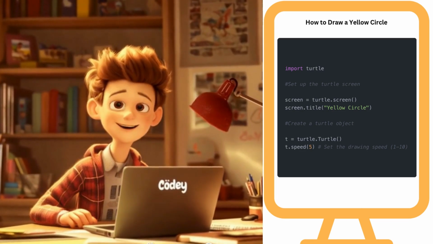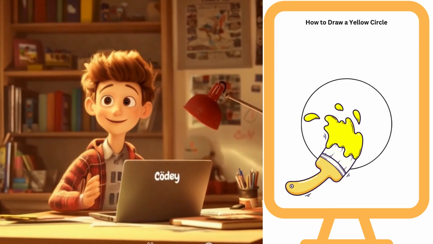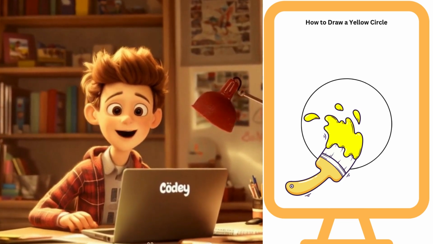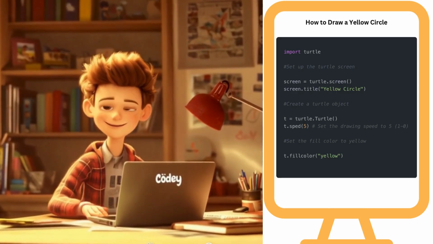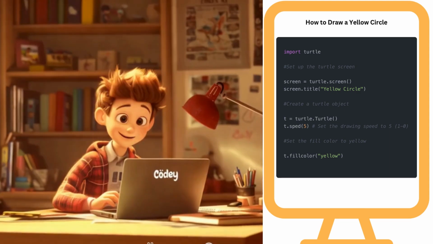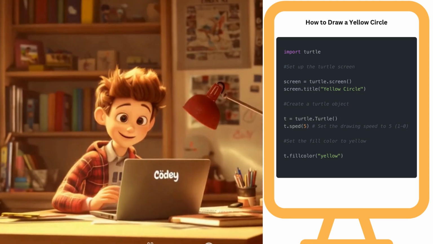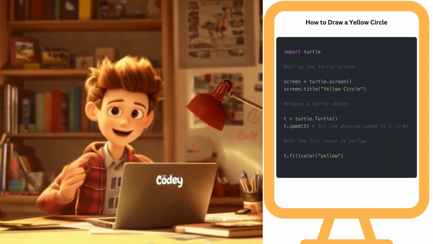Toby is about to draw a circle, but what should it look like? Let's paint the inside yellow, like the sun. That's what fillcolor("yellow") does. So we will tell Toby to paint the circle color yellow by giving the instruction, set the fill color to yellow.